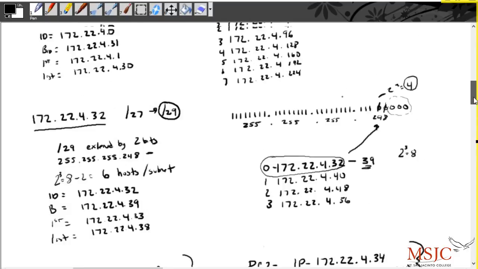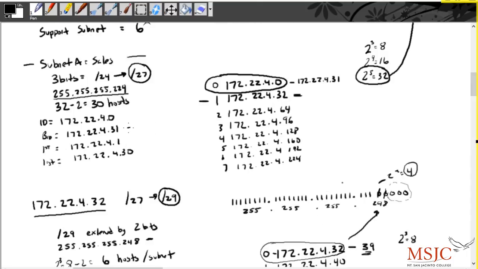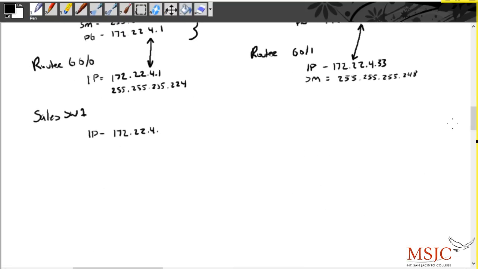It's not 31, because 31 is the broadcast IP. So 4.30, and the subnet mask is the same as everybody else in that subnet, 255.255.255.224.